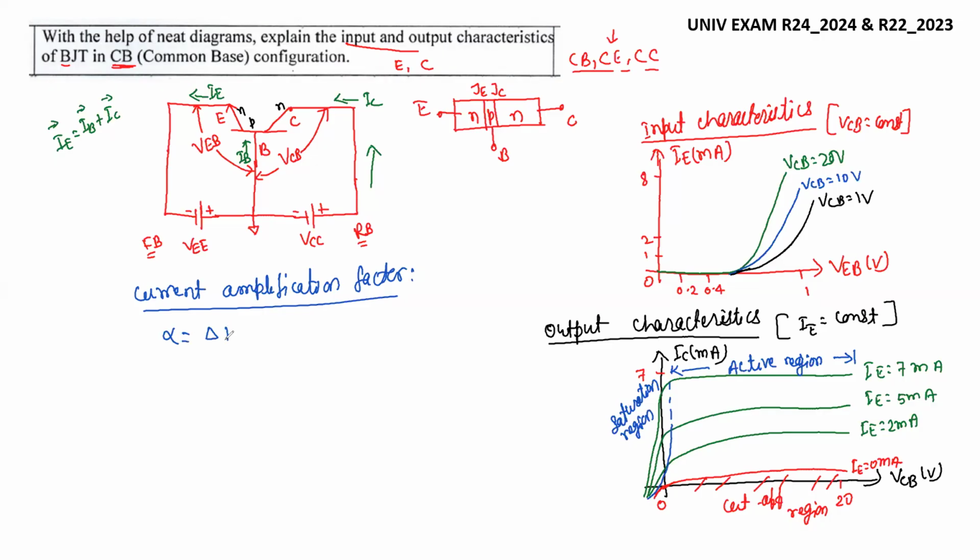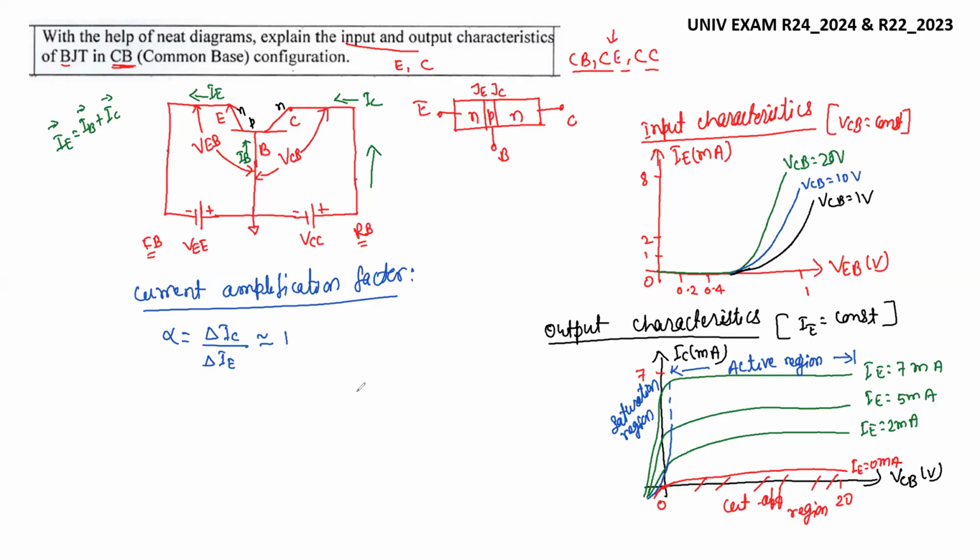So this is represented by del IC over del IE. The output current is IC, and the input current is the emitter current, del IE. This is approximately equal to 1, since you know that base current is very small. So these are the discussions about the common base configuration and its input and output characteristics.